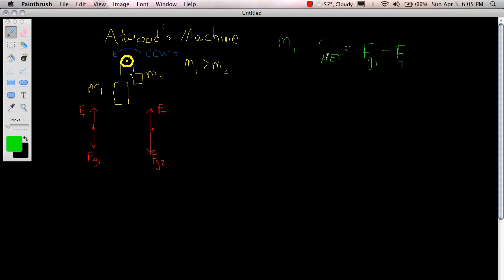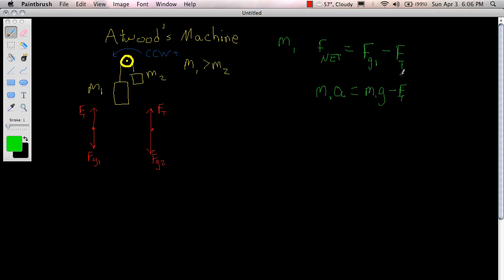Well, Newton's second law says that F net must be equal to ma, and which mass are we talking about? M1. So we must distinguish this mass from M2. What is Fg1? Well, that's the weight. How do we find weight? Just mg. So M1 a equals M1 g minus tension.